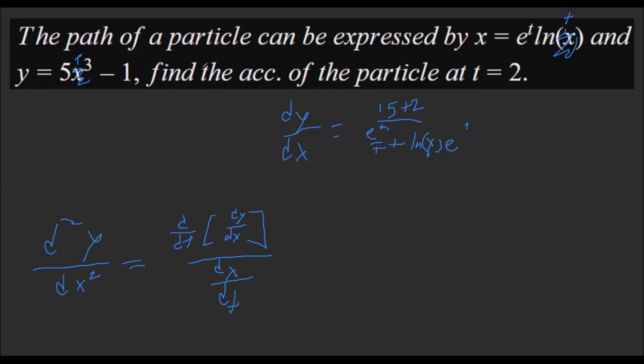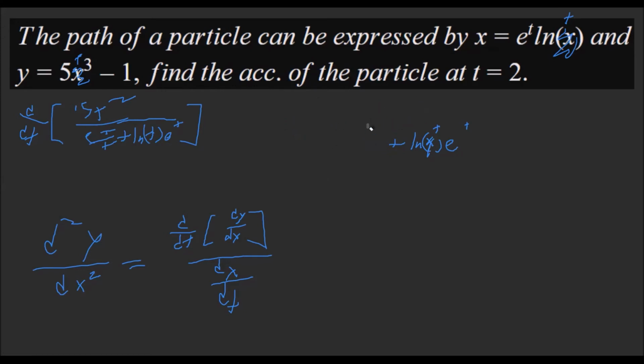And so we're going to say that d/dt, which just means the derivative of 15t squared over e to the power of t over t plus natural log t times e to the power of t, is equal to, and try to remember the mnemonic of the quotient rule, low d high minus high d low. I suppose it's not a mnemonic at all, but whatever.